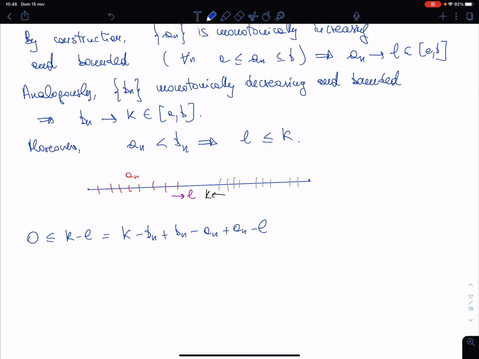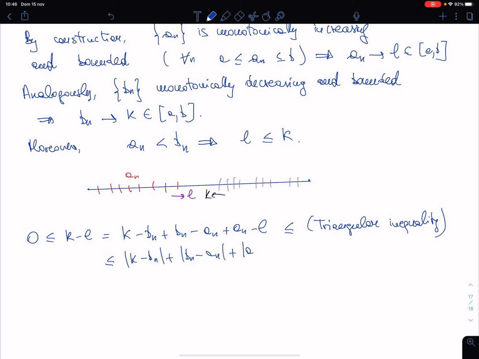Then we use twice the triangular inequality, and this is less than or equal to |k minus b_n| plus |b_n minus a_n| plus |a_n minus L|.